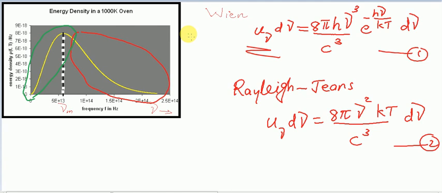So Max Planck explained that emission or absorption of energy takes place not as continuous steps, but as discrete units of energy, groups of energy, which he called quanta of energy.